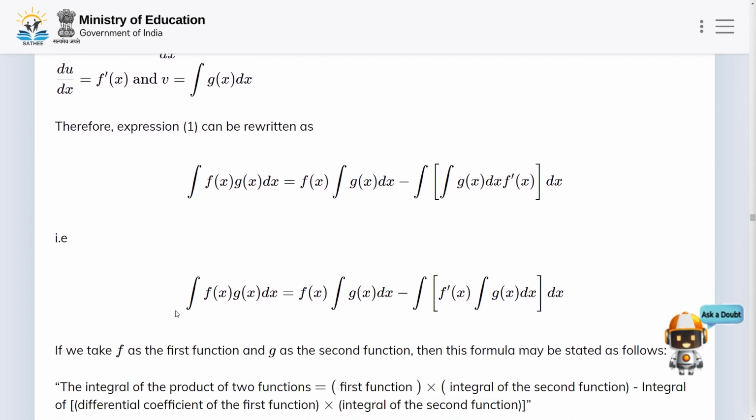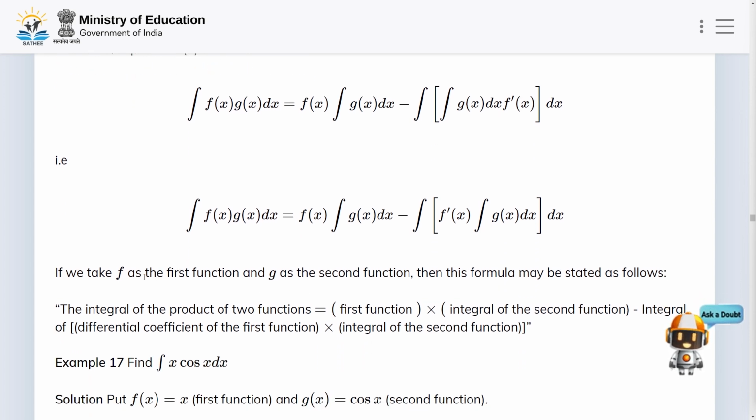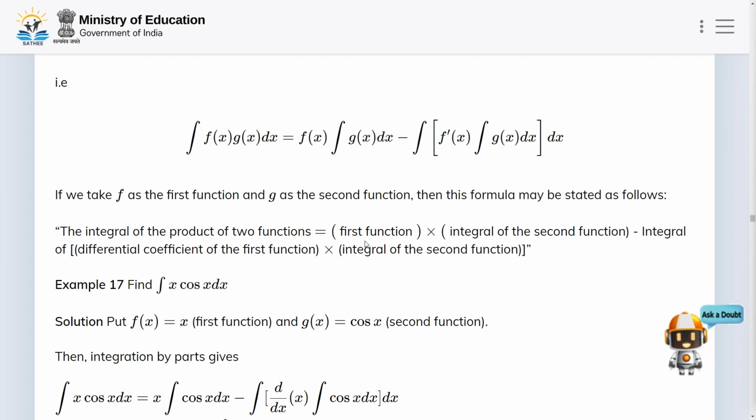Now if we take f as the first function and g as the second function, then this formula may be stated as follows: first function multiplied by the integration of the second function, minus the integral of the differentiation of the first function multiplied by the integration of the second function. Simple.